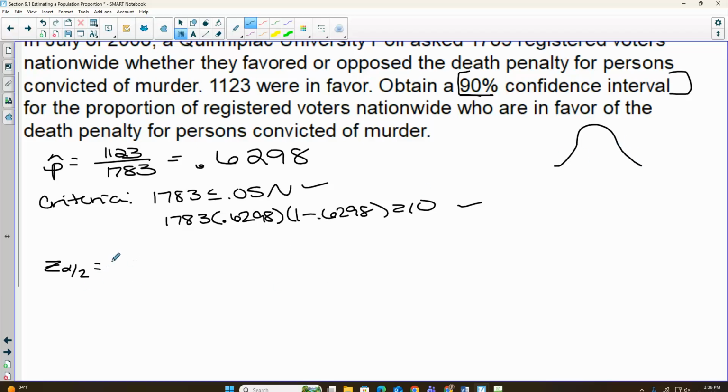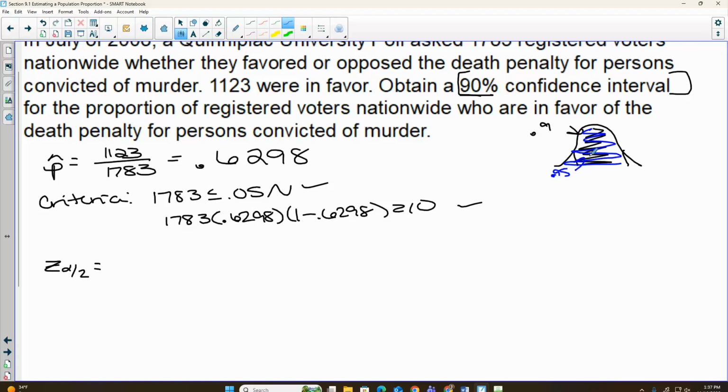What is my alpha here? We want 90% confidence, so that means 90% falls in the middle. If 90% is in the middle, we have 10% to split up over the two sides, right? And so what is this total area to the left? That's 0.95.